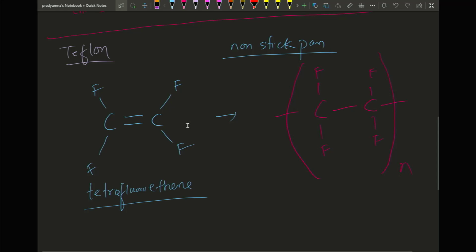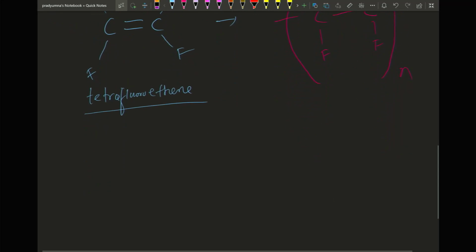All right, let's do one last, which is our plastic cups, the coffee cups, the styrofoam. It's made up of polystyrene. Polystyrene.